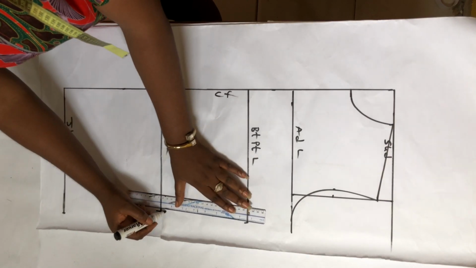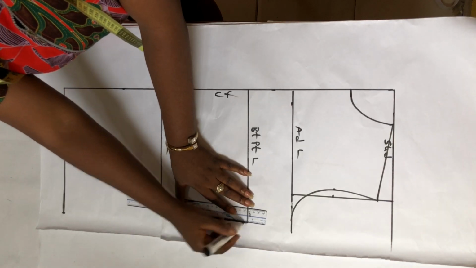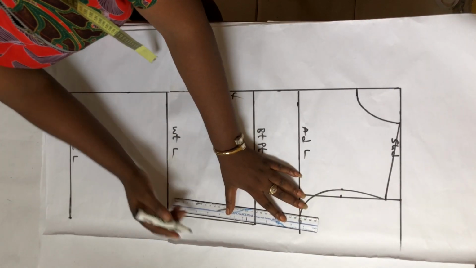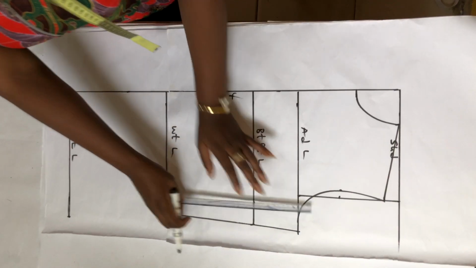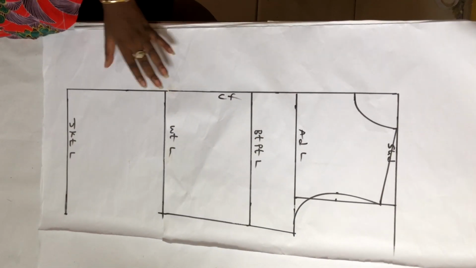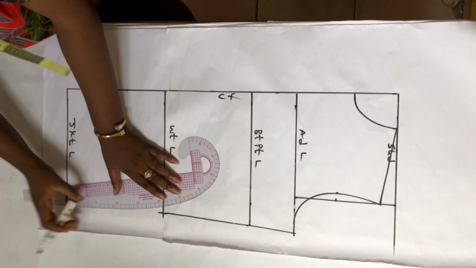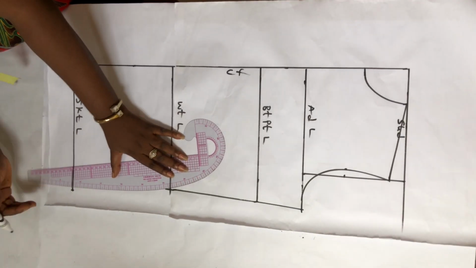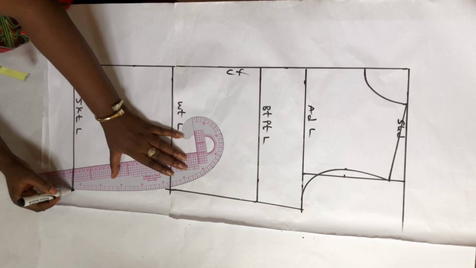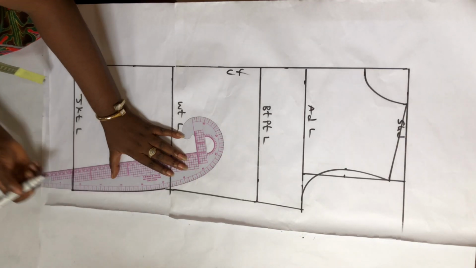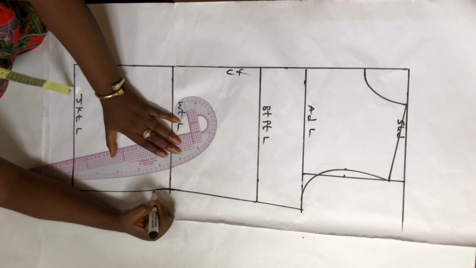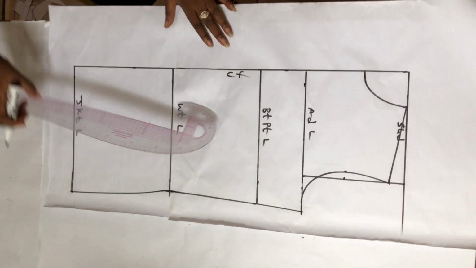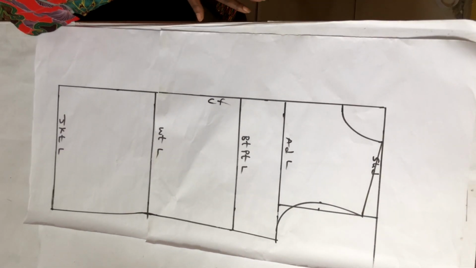Here I'm going to go up by 0.5 and come down by 0.5, then connect it with a ruler. I'll be using French curve here. I'm going to use my hand to gently blend it in.